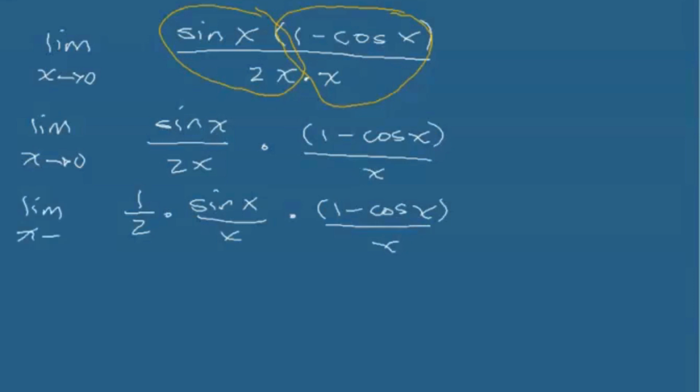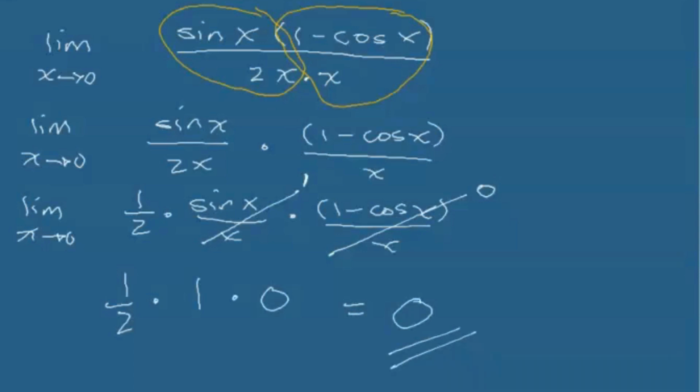Okay, so let's evaluate what we know. Sine x over x is equal to 1, and 1 minus cosine x over x is equal to 0, knowing our special trig limits. So we have 1/2 times 1 times 0. So the answer is 0.